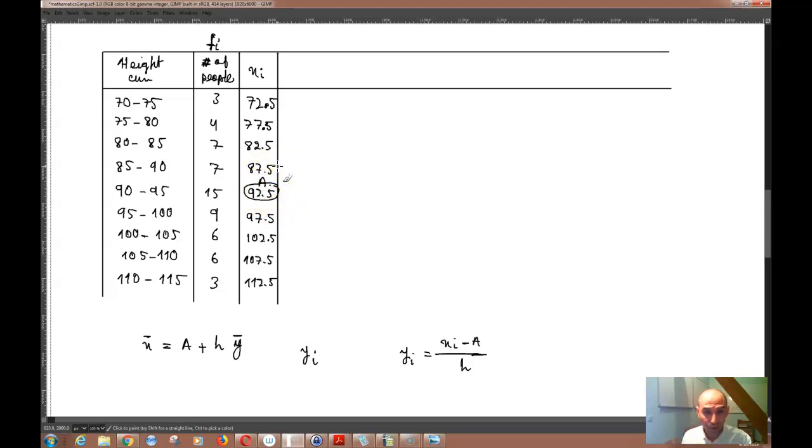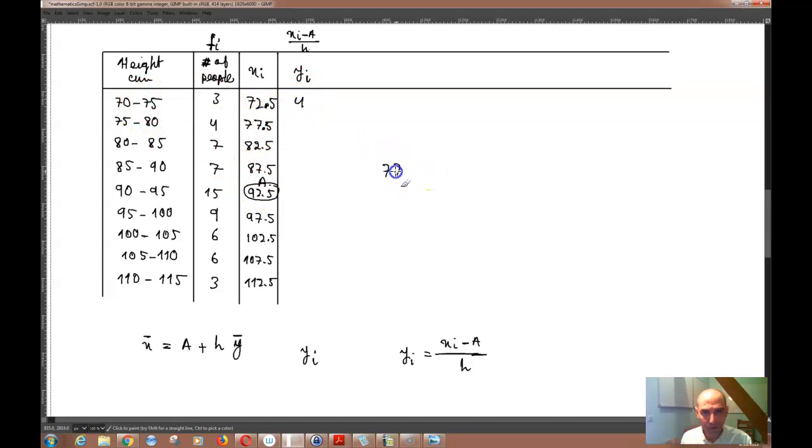So then y of i is going to be this x of i minus this value divided by 5, which is the class size. So for example, 72.5 minus 92.5 is equal to 20. 20 divided by 5 is equal to 4.